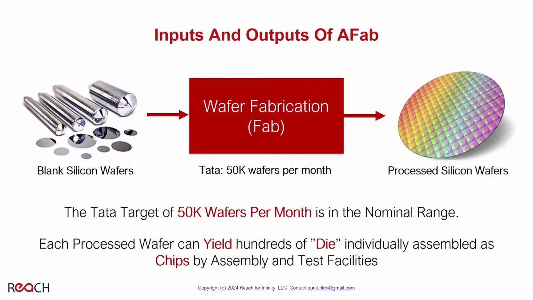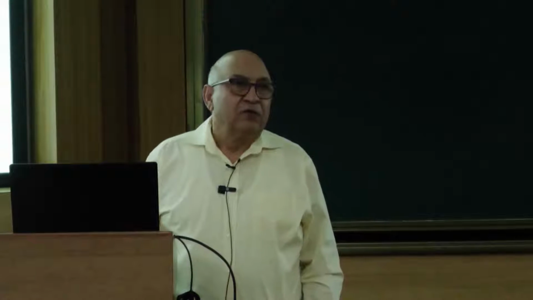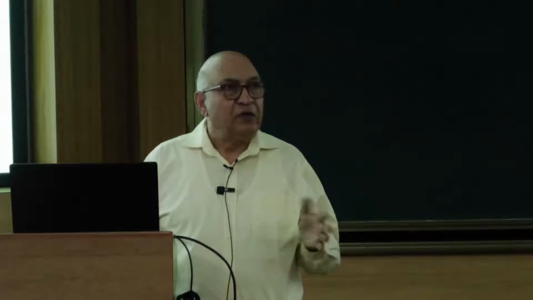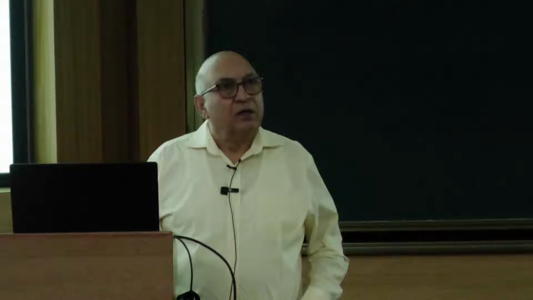And after the fab is done and the output wafer goes into assembly and test, then it's sliced and diced, and the chips are assembled and tested. So Tata has announced that the fab will be 50,000 wafers per month. And again, based on my understanding and experience, 50,000 wafers per month capacity is in the nominal range of a fab.